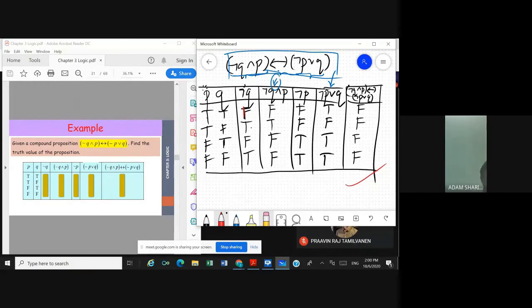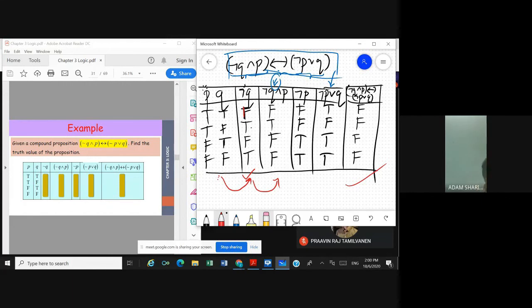Just a few tips: when you move to the right to develop the next column, make sure you do the previous column correctly first. So let me check. Not Q, I do not Q first: F, T, F, T. So this one is correct. Then I proceed.